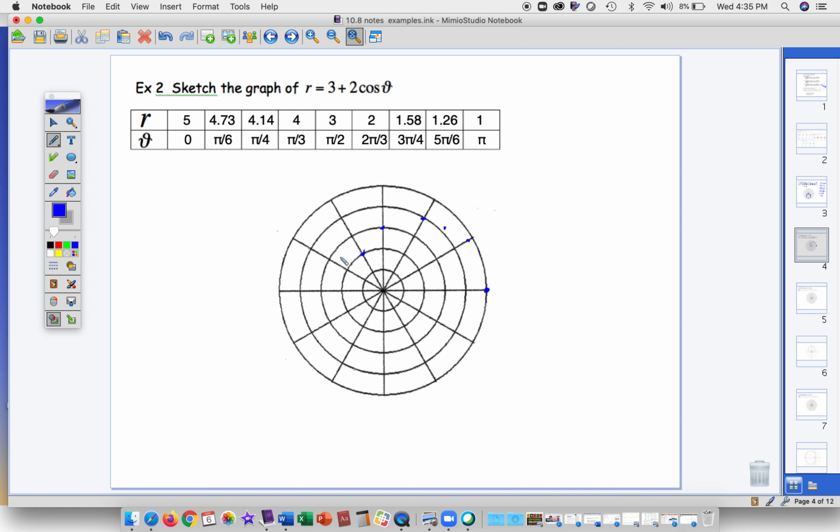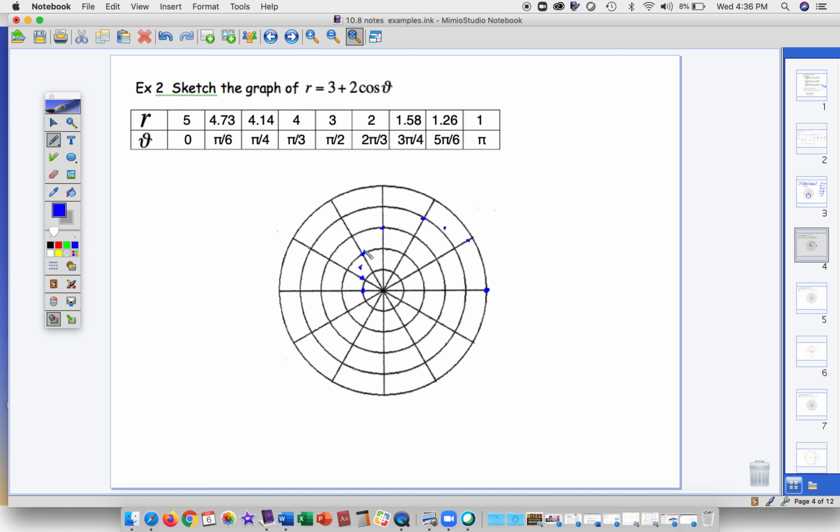And then 3 pi over 4, 1.58. 5 pi over 6, I'm just past 1, 1.25. If I make that a little bit closer. And then at pi, I'm at 1.